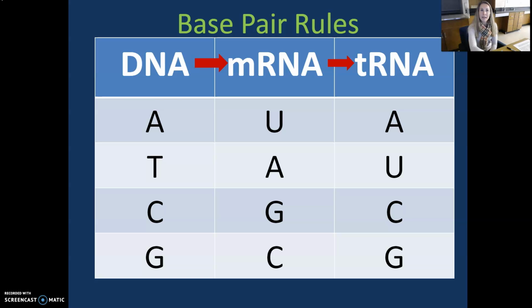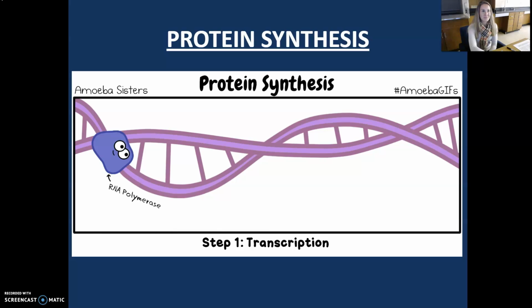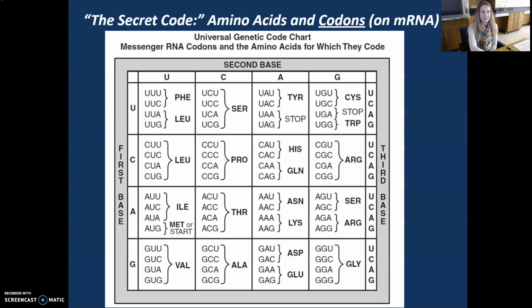So you'll see a major similarity between DNA and tRNA. The major difference we see between the two is instead of carrying uracil on DNA, we see thymine. Instead of carrying thymine on RNA, we have uracil. So this is the process of protein synthesis. We first see transcription, then we're going to see translation.